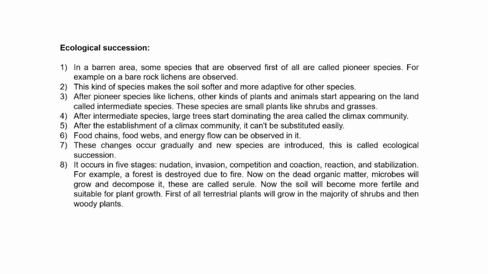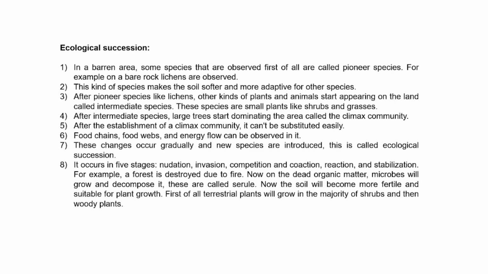So in ecological succession, in a barren area, the species that are observed first are the pioneer species, and this kind of species will make the soil softer and more adaptive for other species. There'll be lichens and others that make the soil very conducive for the growth of the mature forest. After pioneer species, there'll be intermediate species like shrubs and grasses, and then large species will start dominating the area, called the climax community.